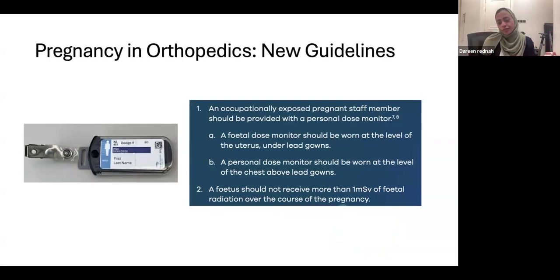The first step, if you can change the field, it's recommended, or decrease the exposure. But if you can't, like an orthopedic surgeon, an exposed pregnant staff member should be provided with a personal dose monitor like this one. A fetal dose monitor, two monitors.